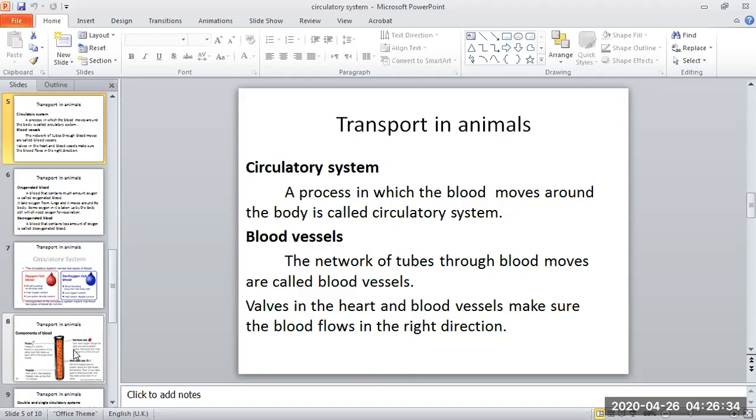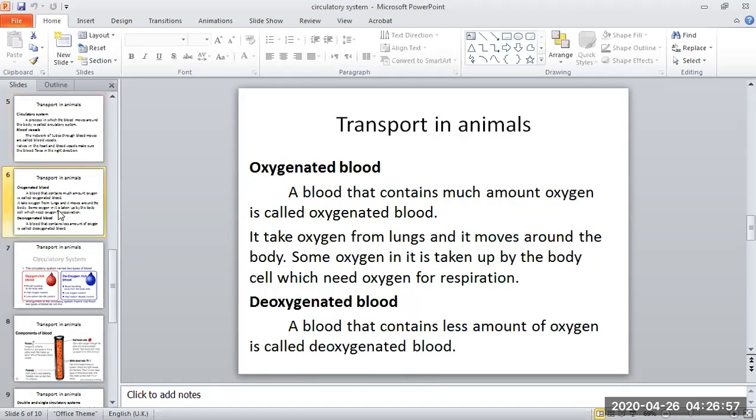And here, what is circulatory system? A process in which the blood moves around the body is called circulatory system. And what are blood vessels? The tubes in which the blood moves are called blood vessels. And here you can see oxygenated blood and deoxygenated blood.